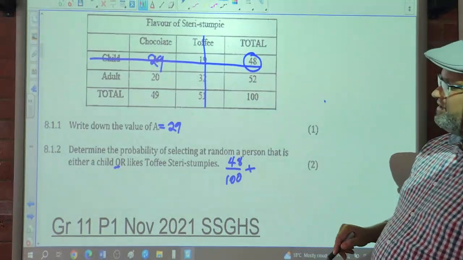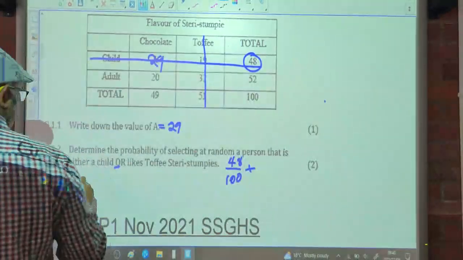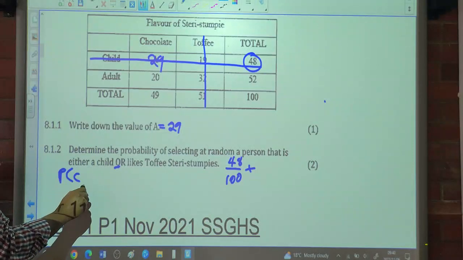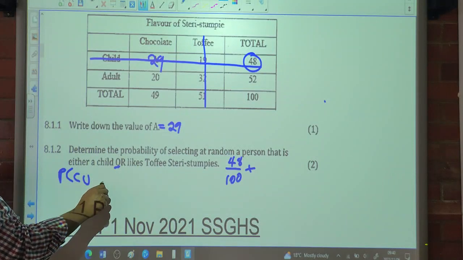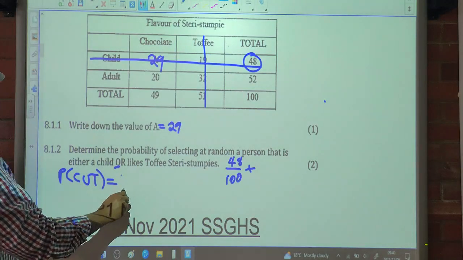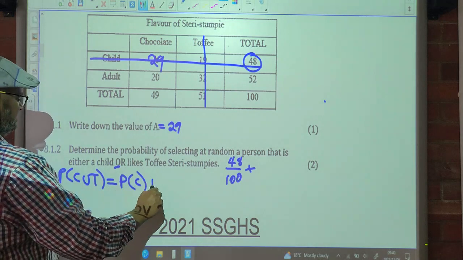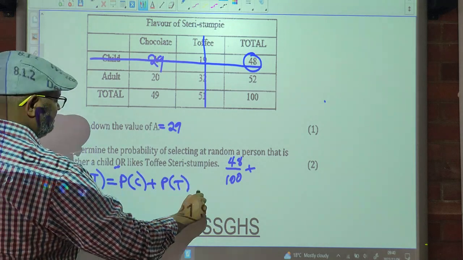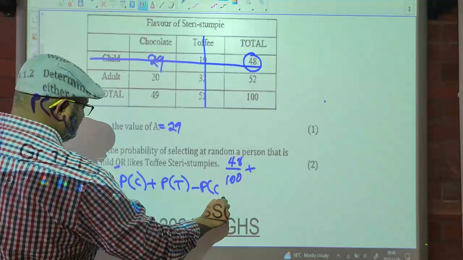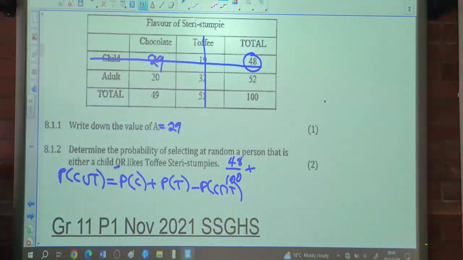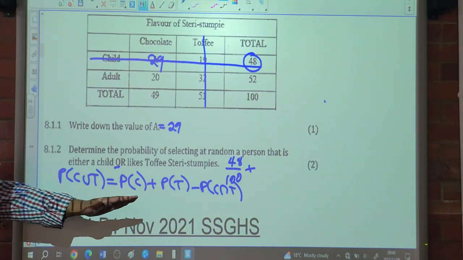The formula: the probability of child or likes toffee is going to be the probability of child plus the probability of toffee minus the probability of child intersection toffee. So there's an overlap there.